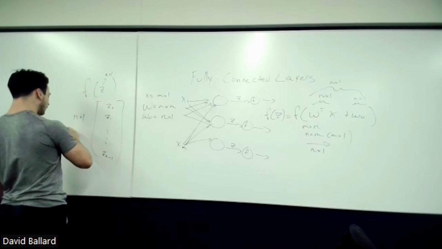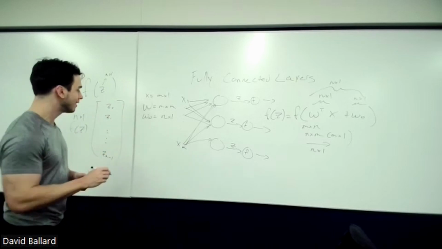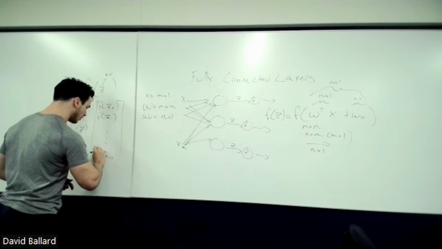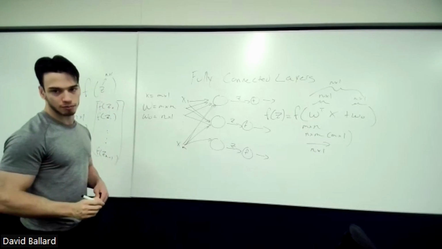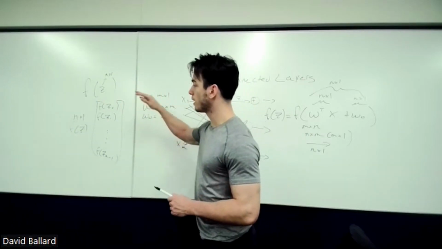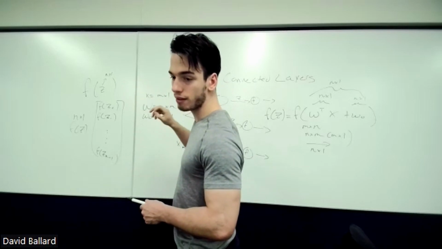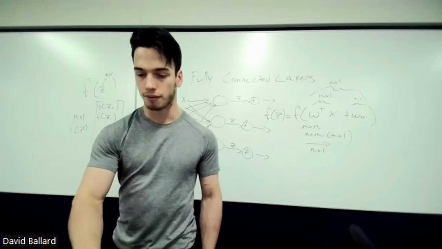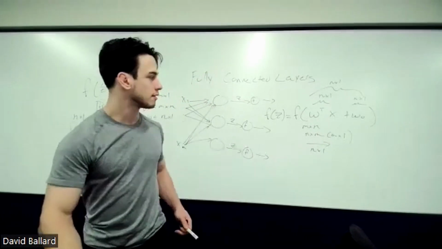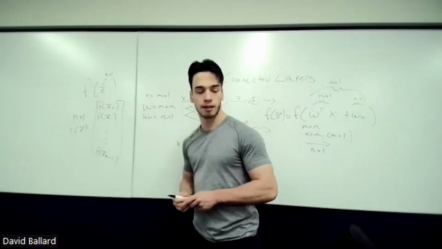So what F of Z would be is I'm going to apply F element-wise. This is important. Well, it'll be important when we talk about backpropagation later. But we're applying our activation function to every element in Z. Okay, makes sense. Hope that's clear. If you have any questions, you can write in the chat.